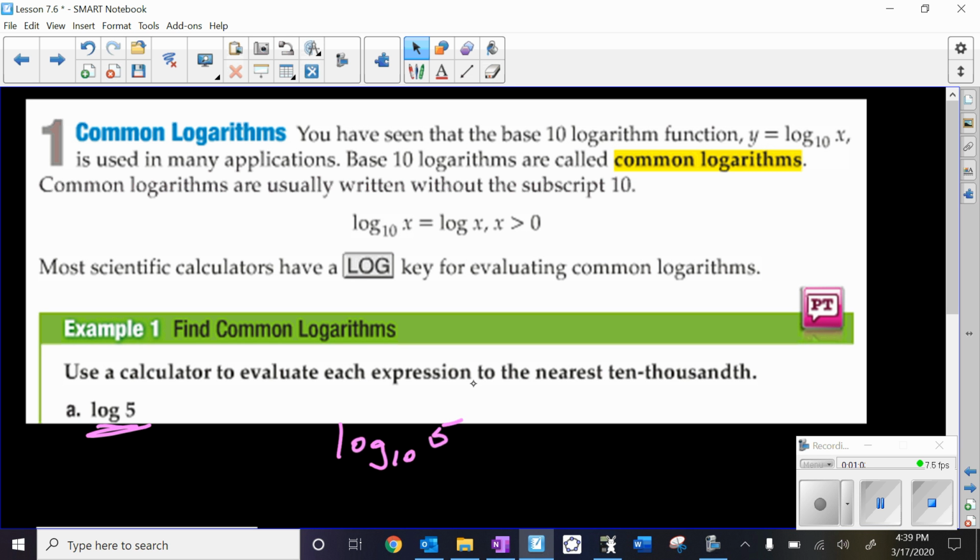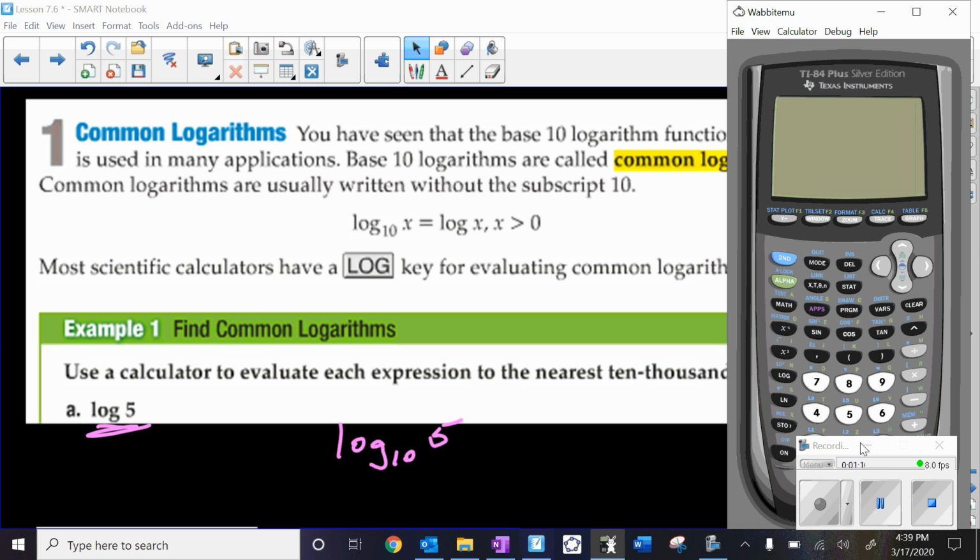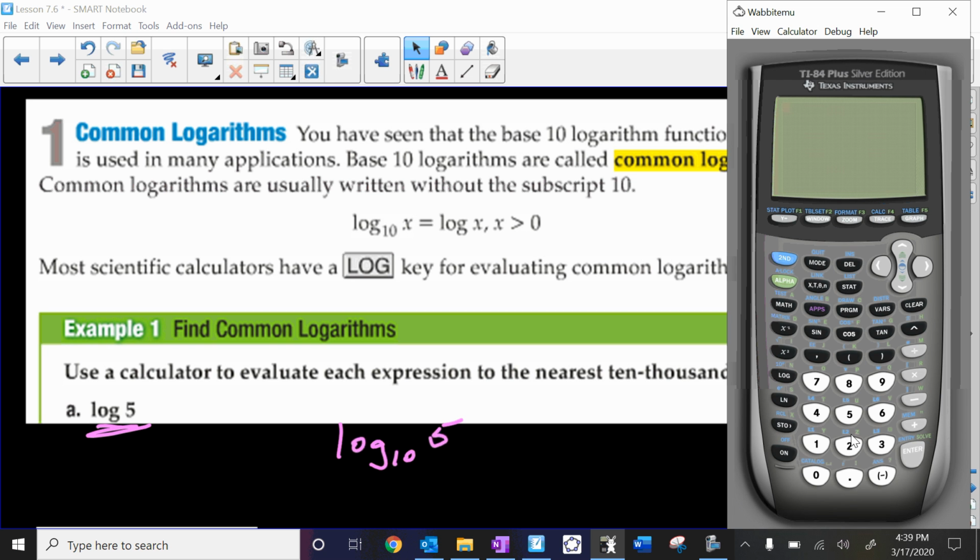So what you need to do is take your calculators. I just want you to check this. Notice it wants us to round this to the 10,000th place. All it wants you to do is to understand how to plug it in. So you're going to look for your log button, log of 5, close, type it in. That's your value that they want you to write down.